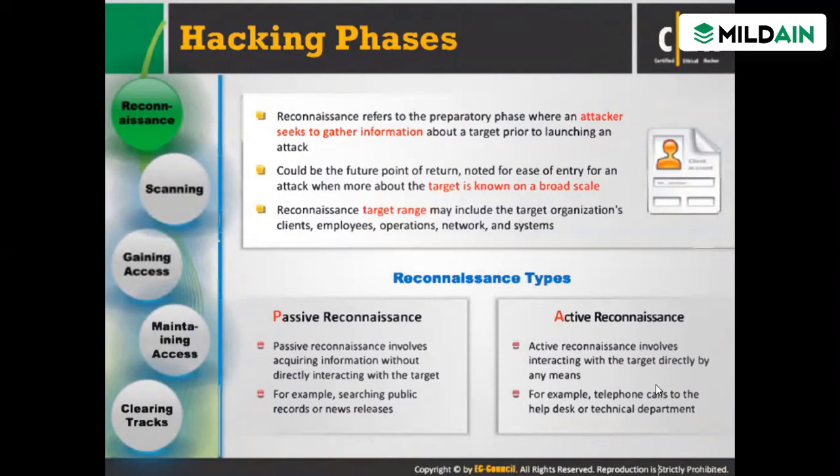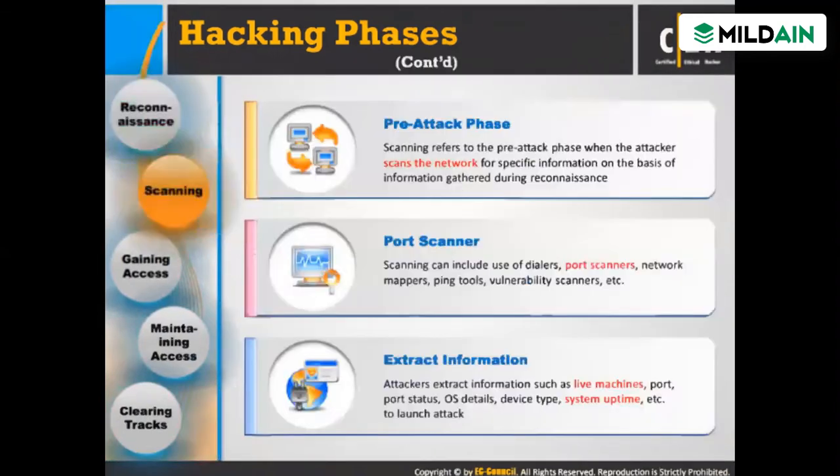In active reconnaissance, you will actually have to physically interact with that computer or directly launch an attack, and there is a good chance of getting caught in active reconnaissance. Second is scanning, the second phase. Scanning is divided into three sections. One is the pre-attack phase.